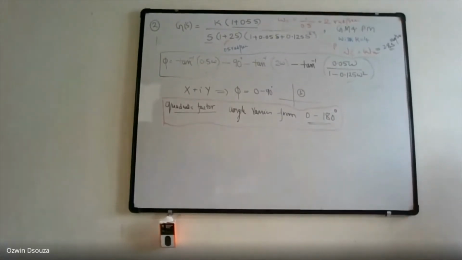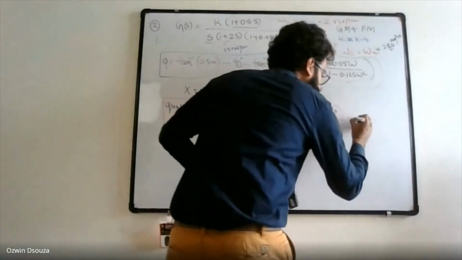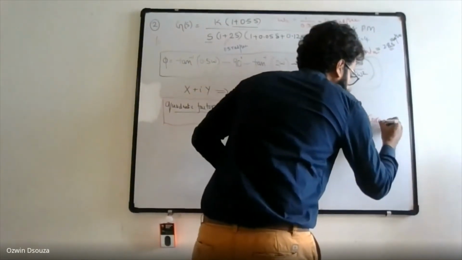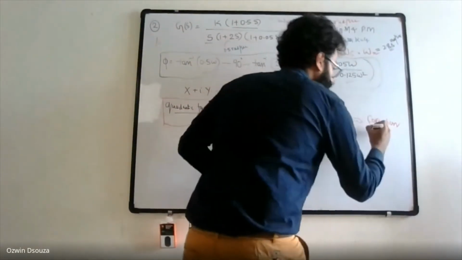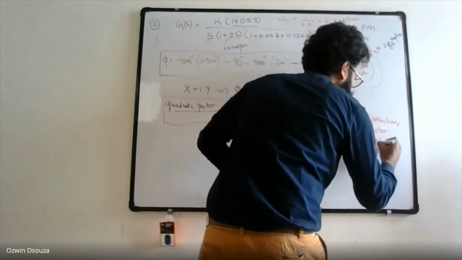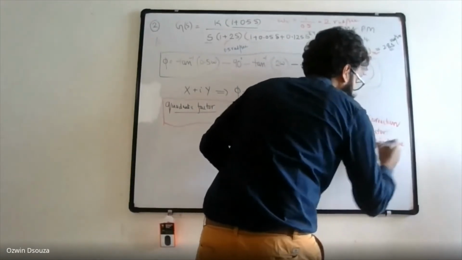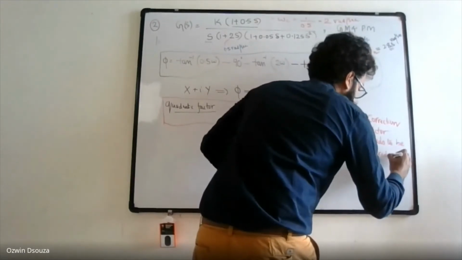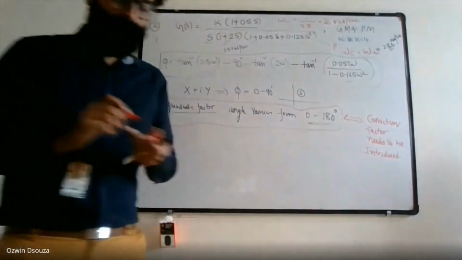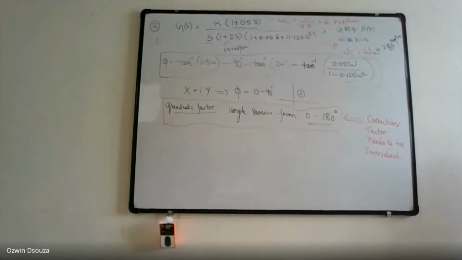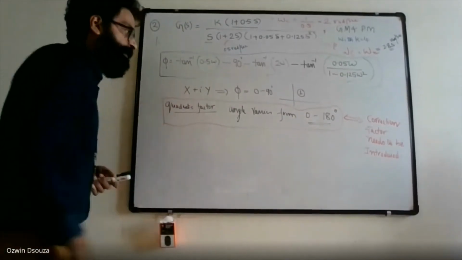So for a quadratic factor, a correction factor needs to be introduced. This holds good for quadratic poles as well as quadratic zeros, which is why I have just mentioned quadratic.